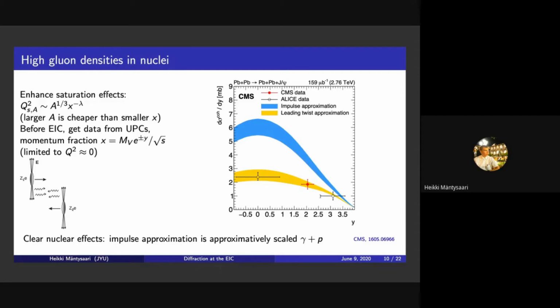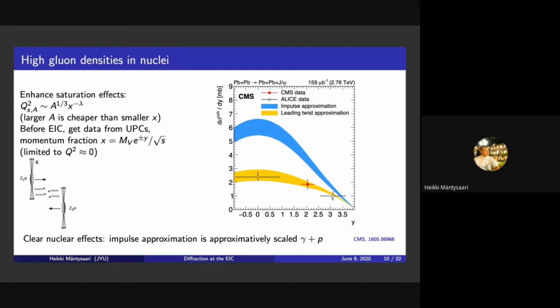If you take the HERA measurements for photon-proton scattering and J/psi production, and scale it up by taking into account the different geometry, so instead of the proton form factor you have the form factor of the nucleus, then you would expect even a factor of two higher cross section than what you actually measure.